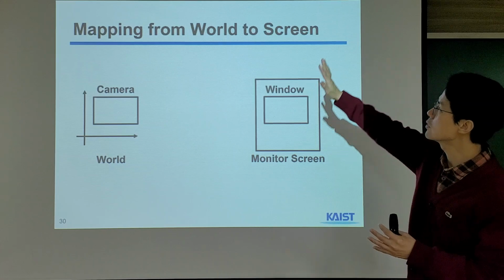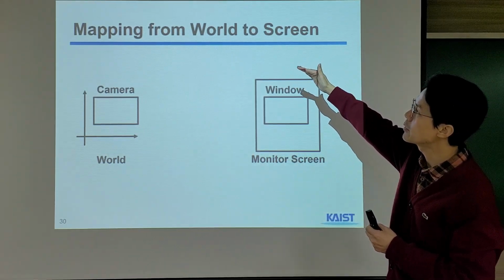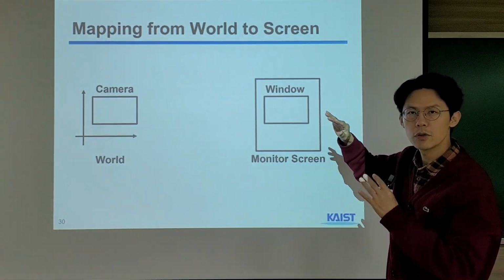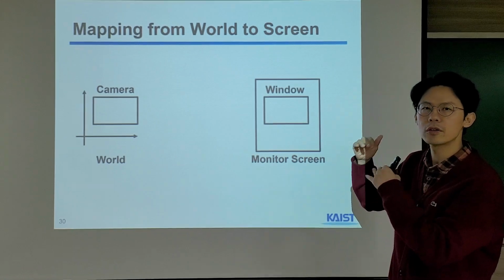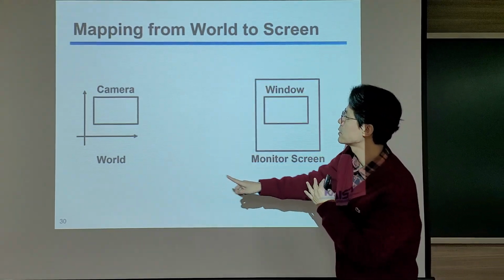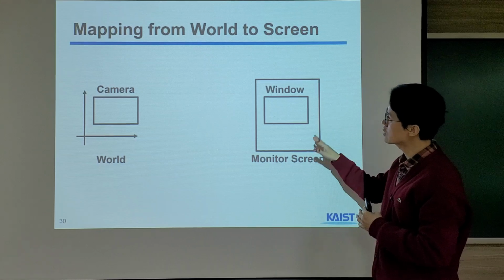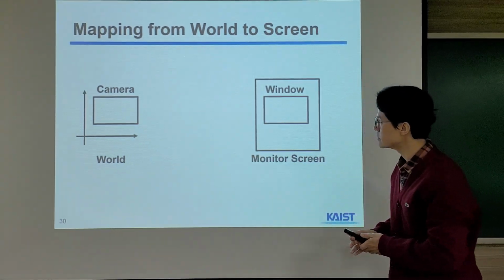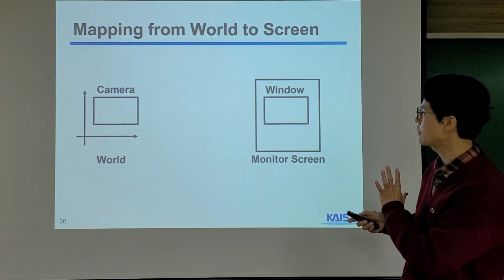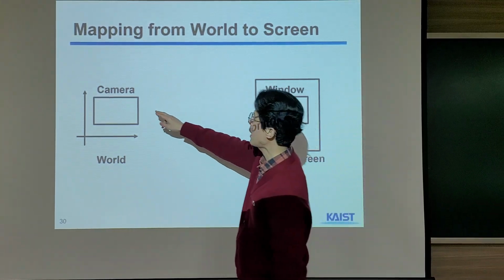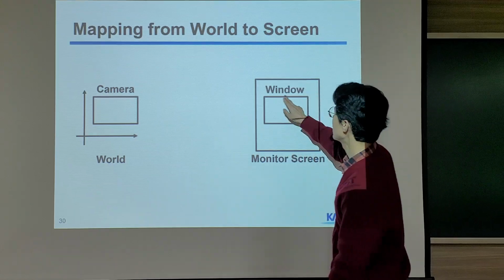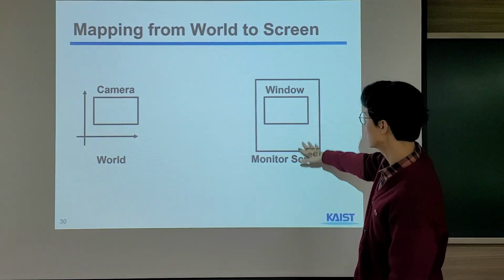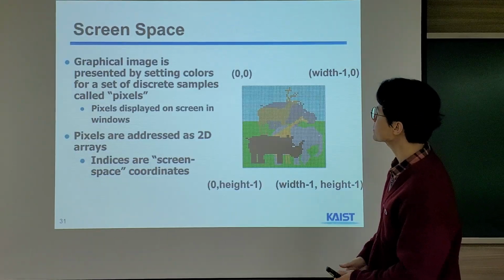Basically, when you are looking at this PowerPoint slide, we are mapping that PowerPoint content into this image, right? That's the typical setting of a computer graphics application. We only map this region to the window space here in the monitor.